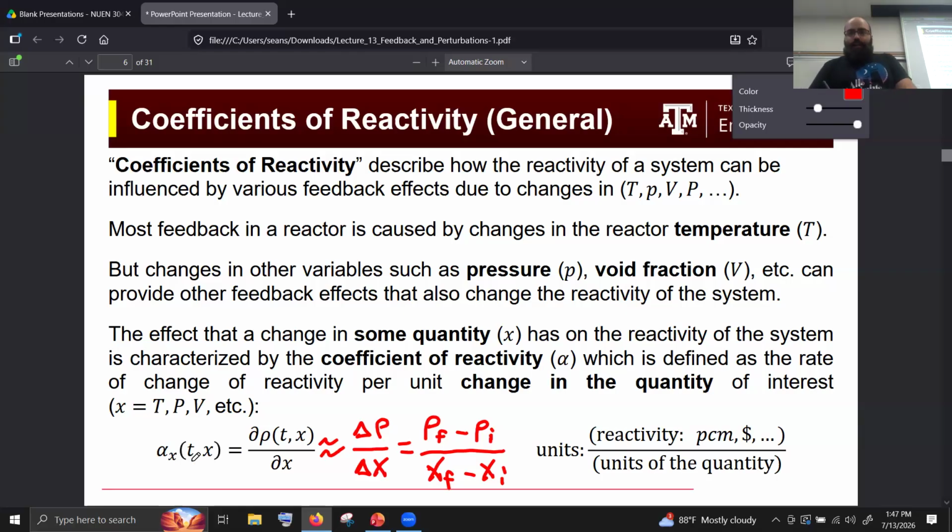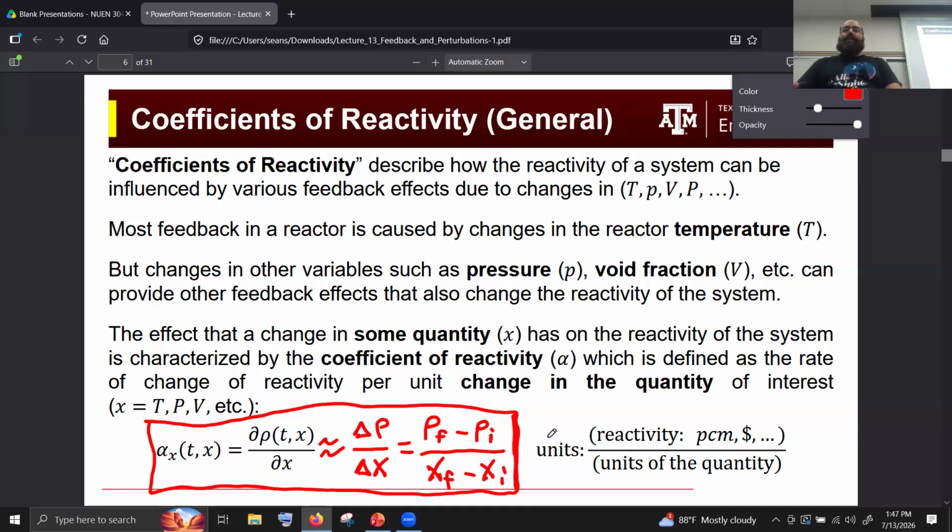So that's just the fundamental definition of a reactivity coefficient. And this is also how we could approximate it if we didn't know the functional form of how rho changed with this quantity. It's a reactivity change divided by a change in x.